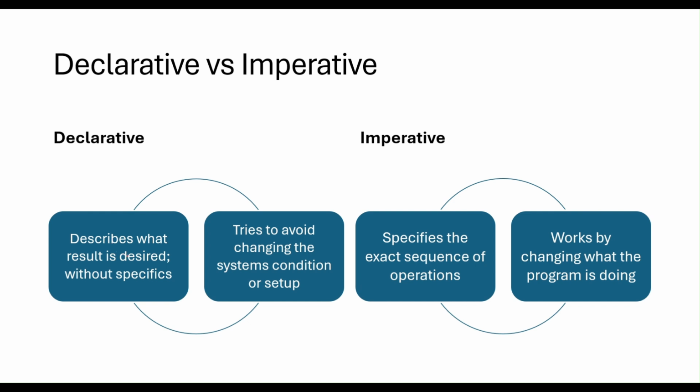In declarative, you would describe what results you want without specifying exactly how. This is like saying you want cake, and not actually specifying what cake you would like. That's in the real world. In code, it's just giving instructions on what you actually want, but not instructions on how specifically you want it.